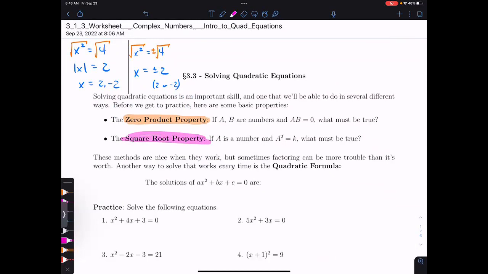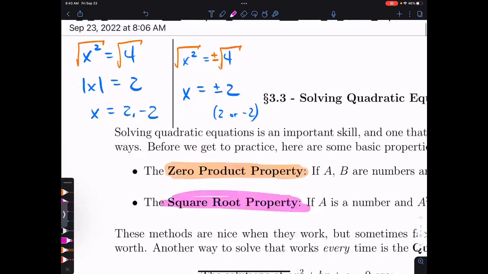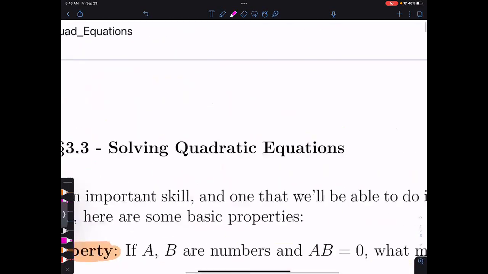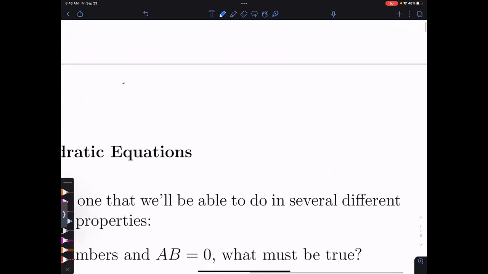So that's nice. It's convenient sometimes because it lets you do stuff where you've got a perfect square. So for example, if I wanted to solve 2x plus 1 squared is equal to 9. Because we've got a perfect square already, I can undo that perfect square by taking a square root.